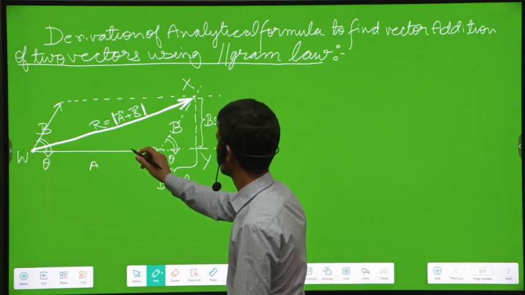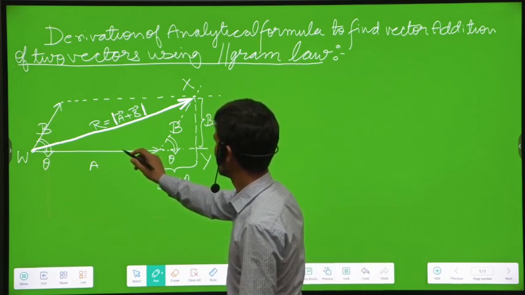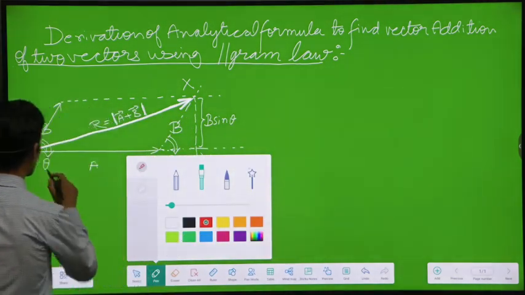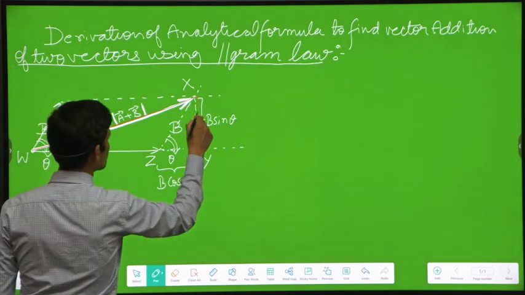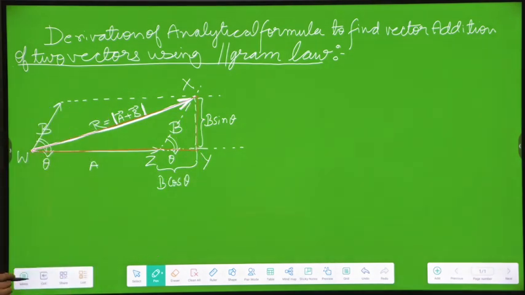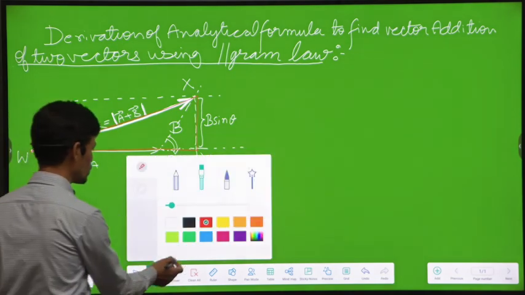Now see, if I take only this part, this is a right-angled triangle, and we can directly apply the Pythagoras theorem here.